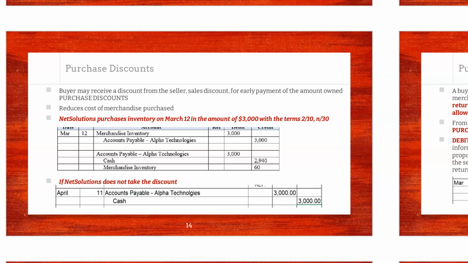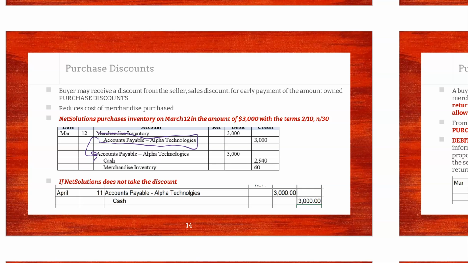Now, let's say the company decides to take advantage of that discount and pay it early. They're going to debit accounts payable. That debit to accounts payable reverses the original credit. But we're not paying them the full amount because we took advantage of the discount. We got a 2% discount, which is $60, so we're only paying them $2,940.